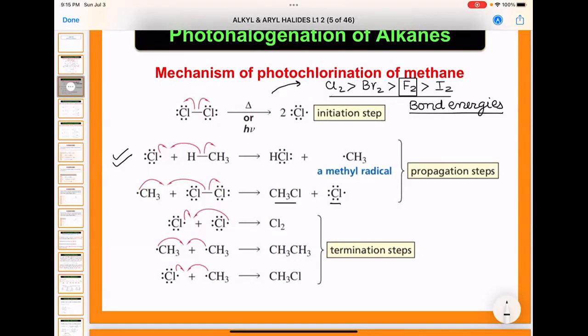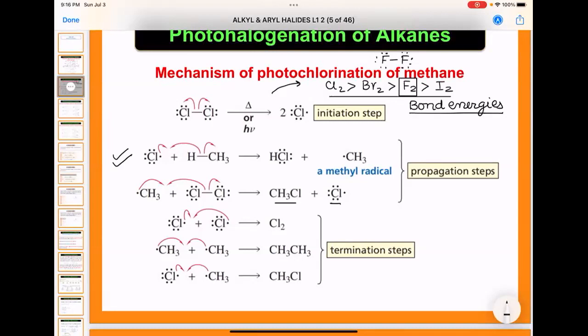But what happens if it is smaller? In the case of fluorine, there are 6 lone pairs. If it is smaller, these 6 lone pairs are going to come very close to one another. They are going to repel. And that repulsion will make the F2 bond very weak. Is it clear? Yes, sir.